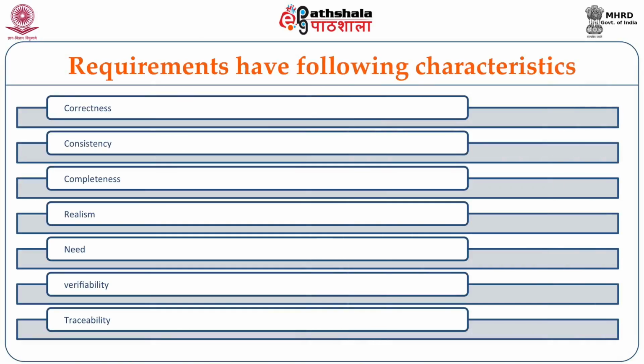The question to be asked is, are the requirements understandable? Consistency: whatever requirements we have, is there any conflict or ambiguity? Completeness: are all possible situations addressed by the requirements?